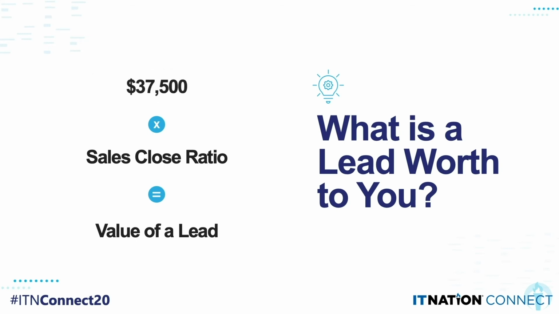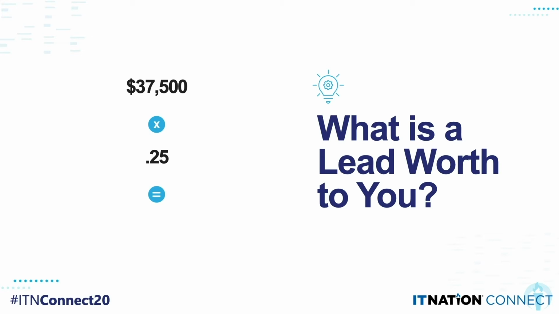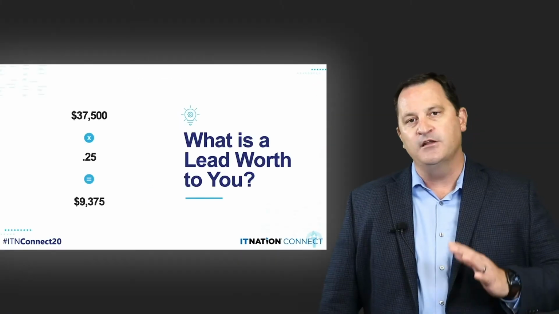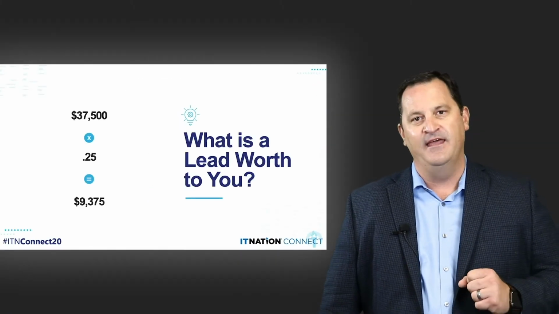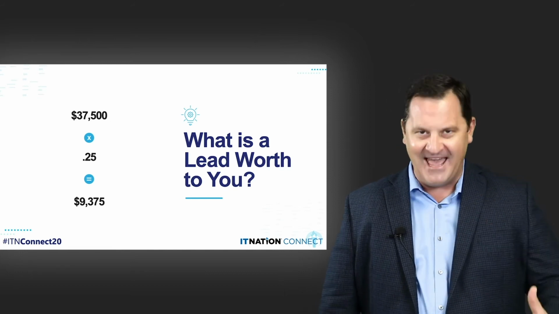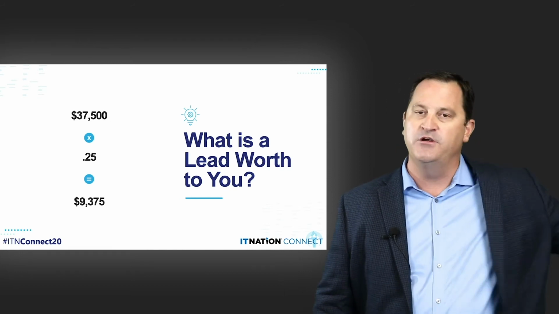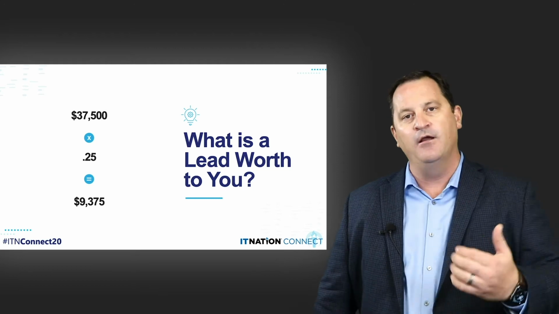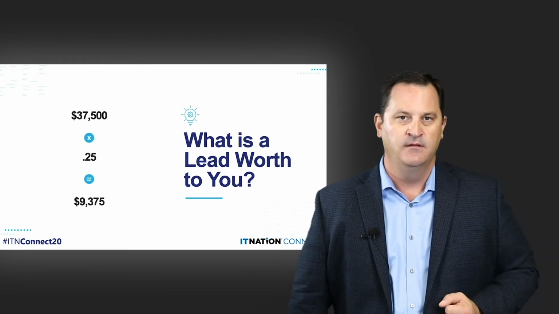So in this example, each customer is worth $37,500 and we have a 25% close ratio. That means that every lead that I get is worth $9,375. We've started to apply the logic that has gotten us to where we are today to the sales and marketing portion of our business so we make better business decisions.